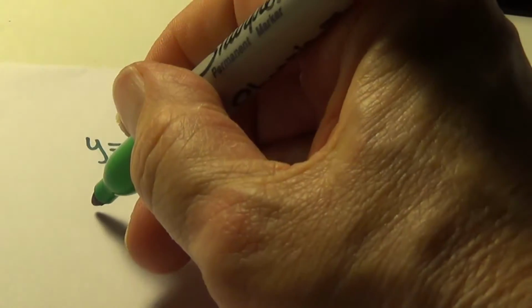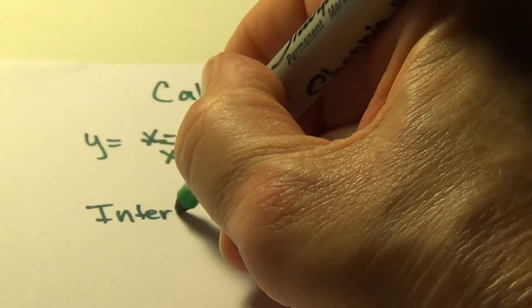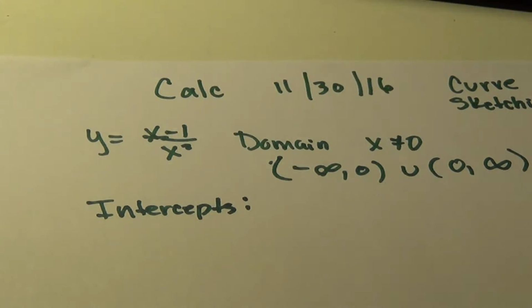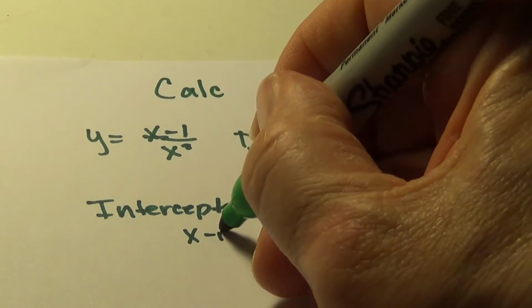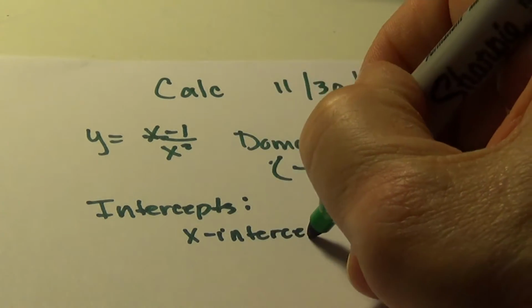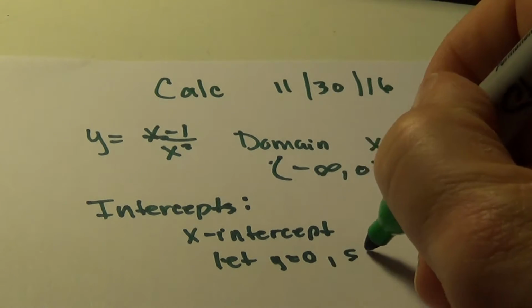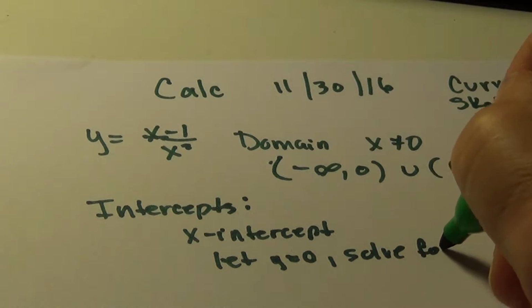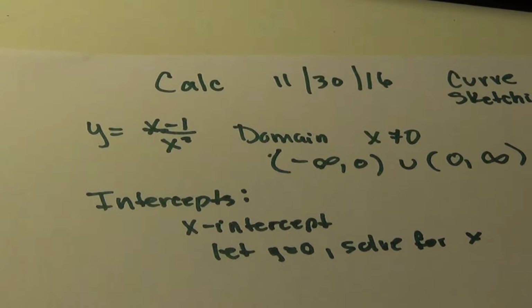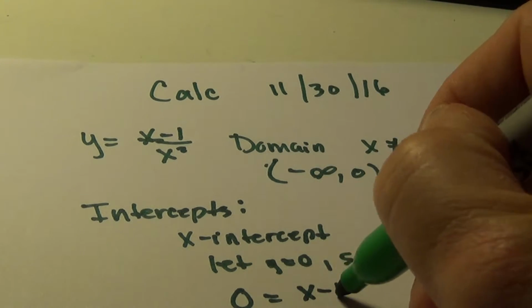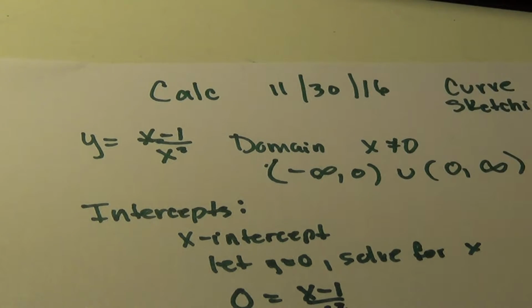When it comes to intercepts, you'll recall, you've been well taught, to find the x-intercept, you let y equal 0 and solve for x. So in this case, we look at y equals x minus 1 over x squared.